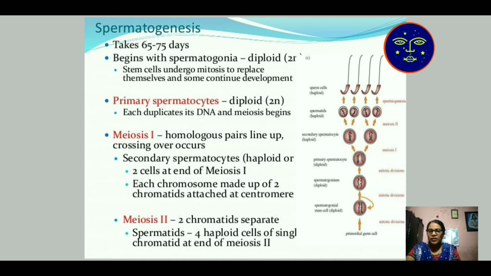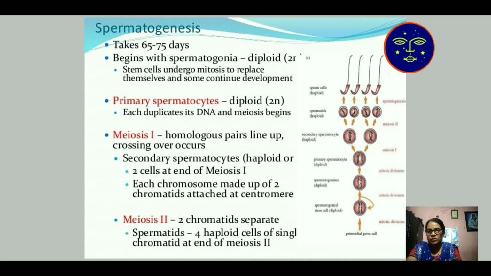This is the entire structure of spermatogenesis. The total cycle takes 65 to 70 days to produce sperm. Here, the lower side contains the primordial germ cells. The primordial germ cells undergo mitotic division. After mitotic division, the process begins with the spermatogonia, diploid with 2n number of chromosomes. Stem cells undergo mitosis to replace themselves and some continue development.